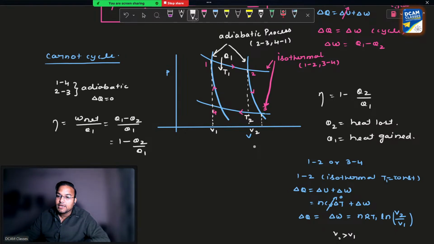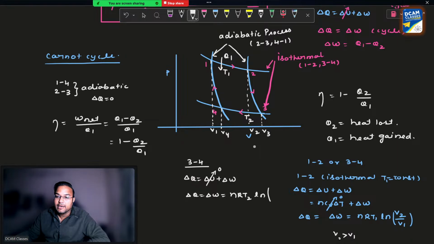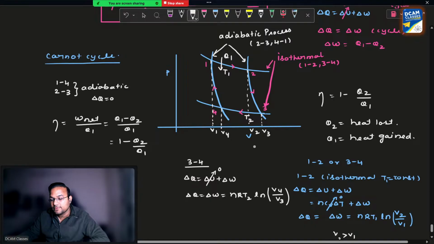Similarly, if you analyze V3, V4, I'll show you how the heat will be lost. Now coming to process 3 to 4, again delta Q will be equal to delta U plus delta W. But again the process is isothermal 3 to 4, so delta U will be 0. Delta Q is equal to delta W, and that is equal to nRT2 ln V4 by V3, because the process is moving from 3 to 4.